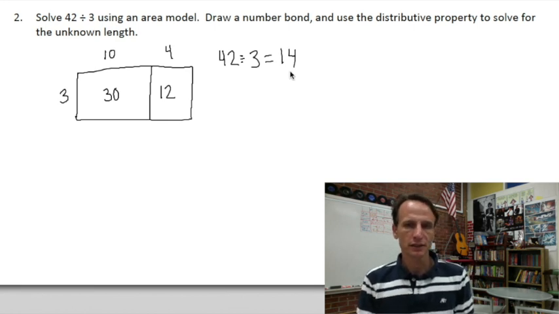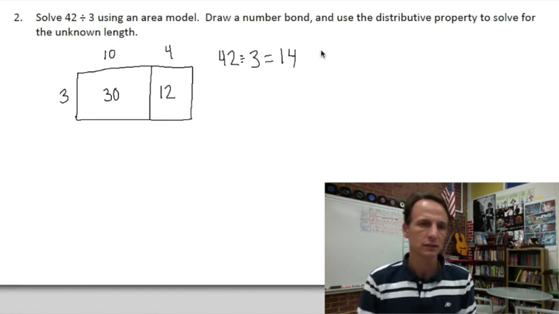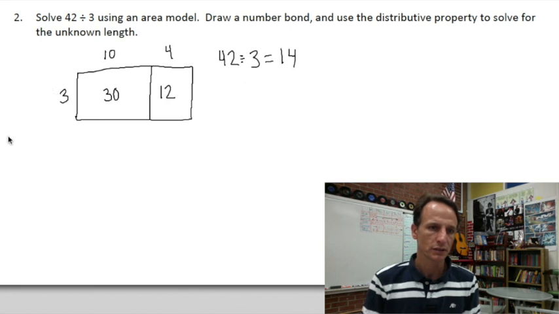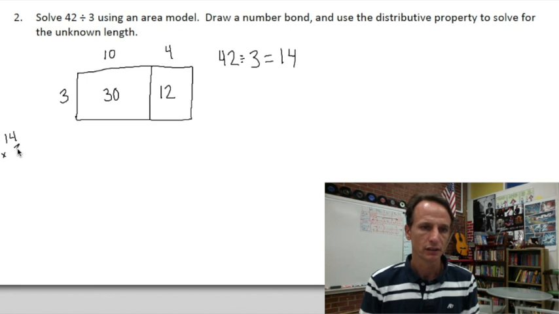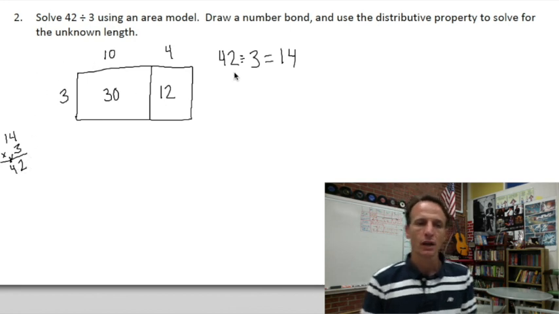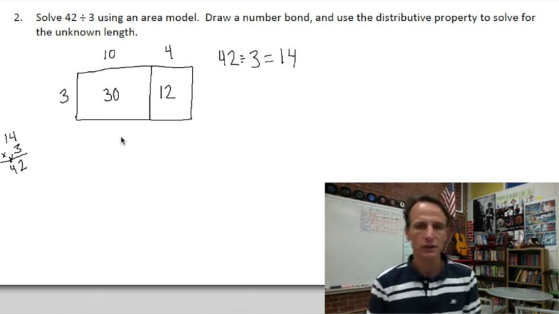Let's do a little check. 3 times 4 is 12. Regroup that 1. 3 times 1 is 3, plus 1 is 4. Okay, 42. It checks out.